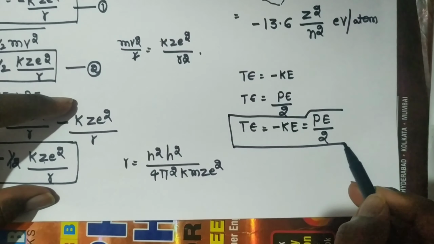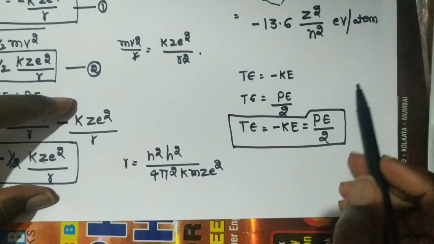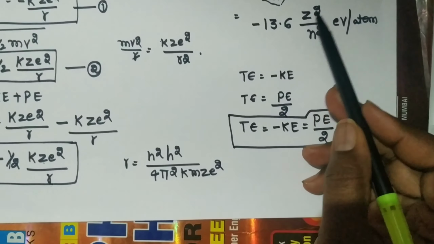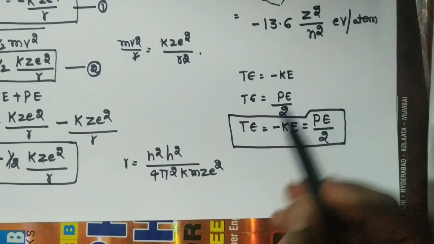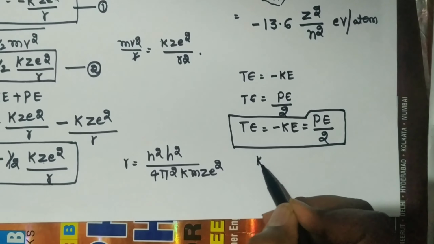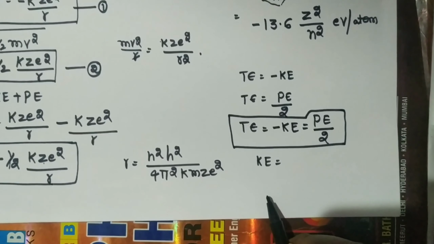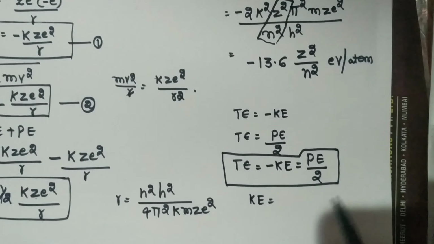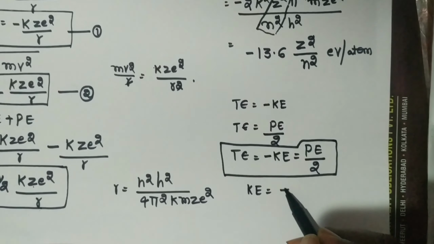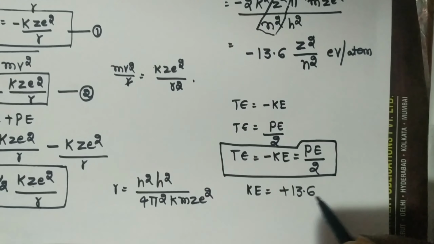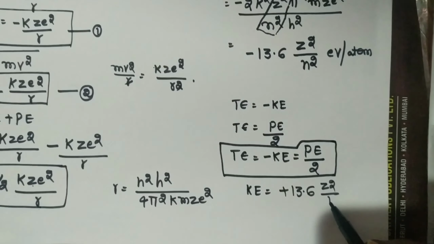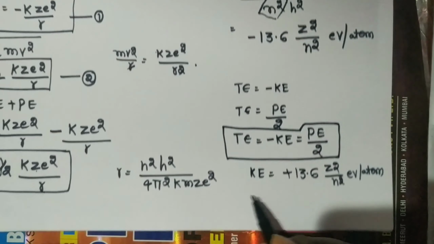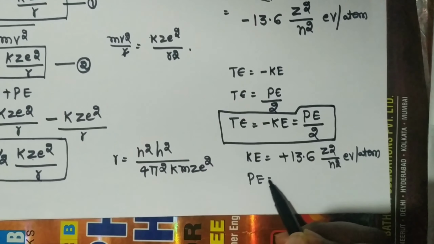Now see here, total energy is minus 13.6 into Z square upon n square. So what is KE? KE is equal to negative of total energy, so it will become positive: positive 13.6 Z square upon n square electron volt per atom. Then what is potential energy?